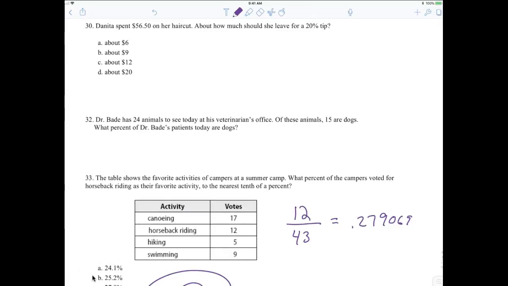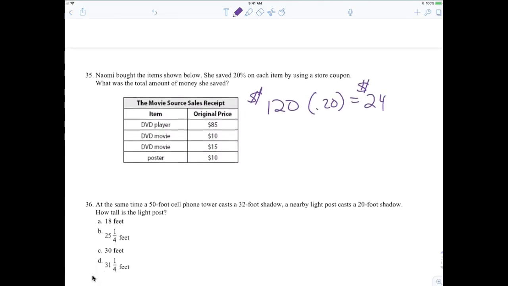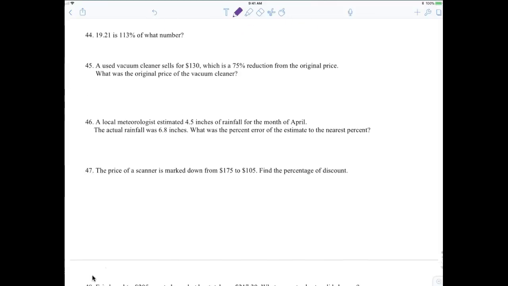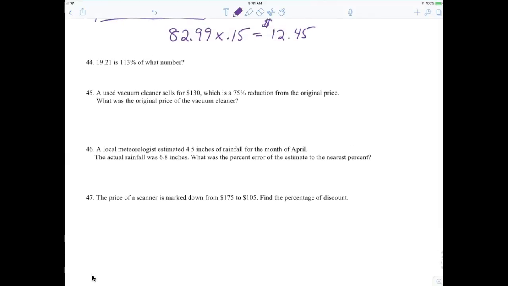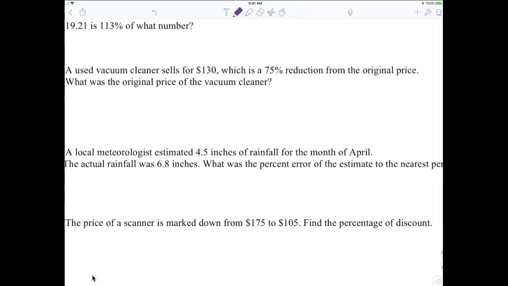where it says that something is on sale for $130. Do we know the original? No. So we put X down.